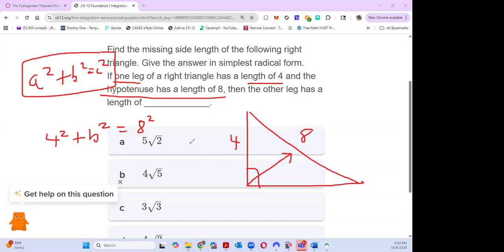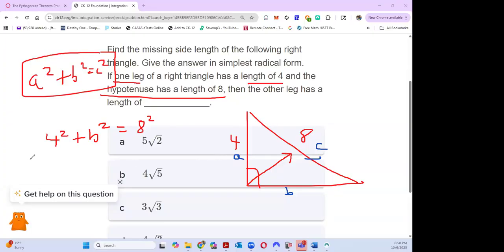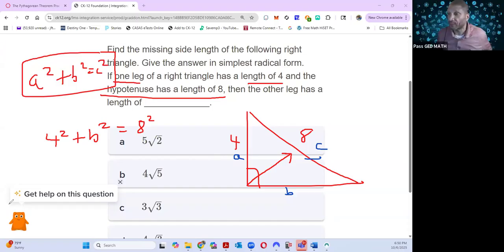This is your side A, this is your side B, this is your side C. All we're doing is plugging them in. Instead of A squared, we have 4 squared. B squared we don't know, so we keep B squared. Instead of C squared, we write 8 squared. Does everybody understand that? In order to get B squared by itself, what do I need to get rid of?